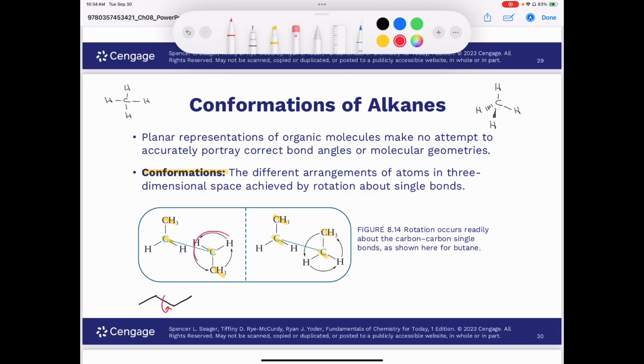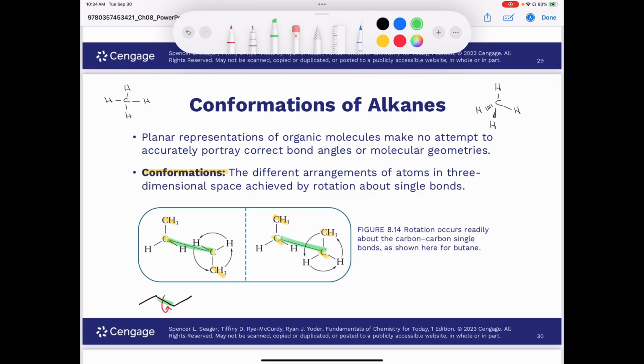They're making it look like they're just rotating here, but in reality, I think it's more accurately described as rotating this bond. But neither here nor there, you see that you can rotate this bond, and I'll highlight it in green. You can rotate this bond, which is the same as this one, which is the same as this one.